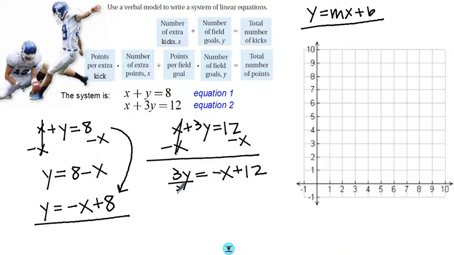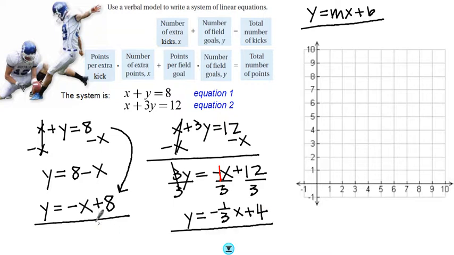Then I'm going to divide both sides and everything here by 3. And I know that there's an invisible 1 here, so in the end I have y equals negative 1 over 3 x plus 12 divided by 3 is 4, so positive 4.